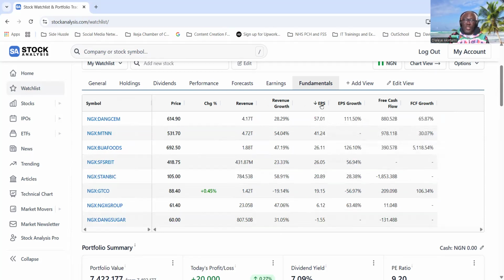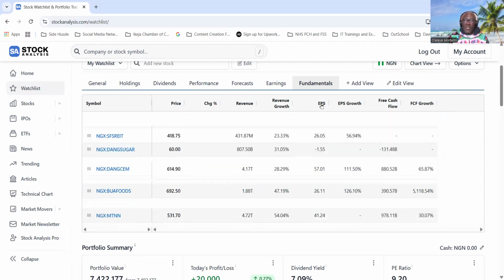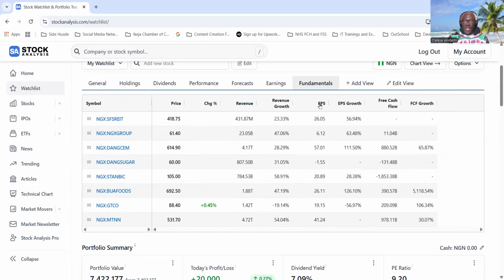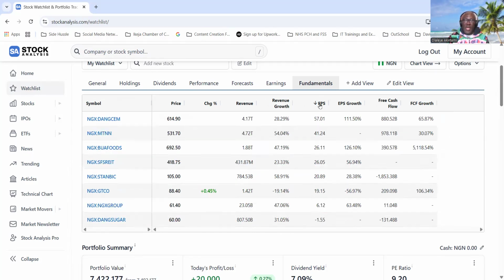And the next one here is EPS. So you can arrange by which one has the highest EPS. EPS stands for earnings per share. And the higher the earnings per share, the higher will likely be the dividend per share, because the company will only pay you from what it earned per share.